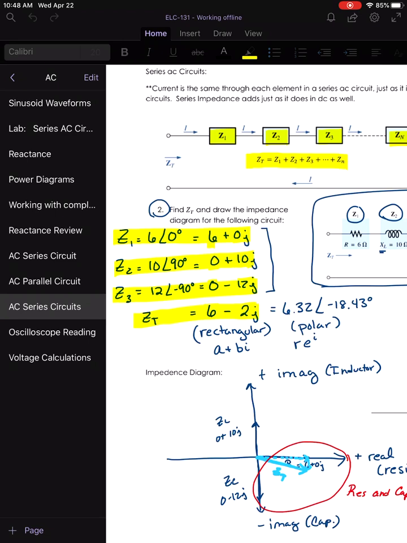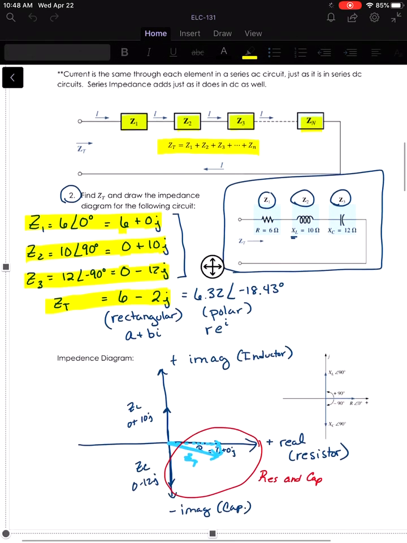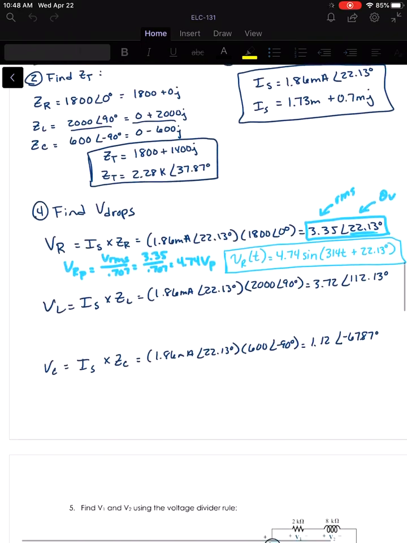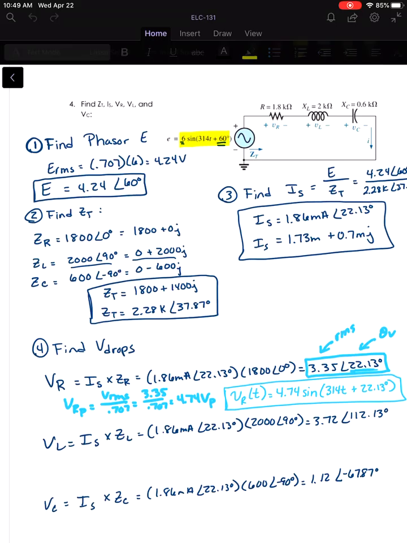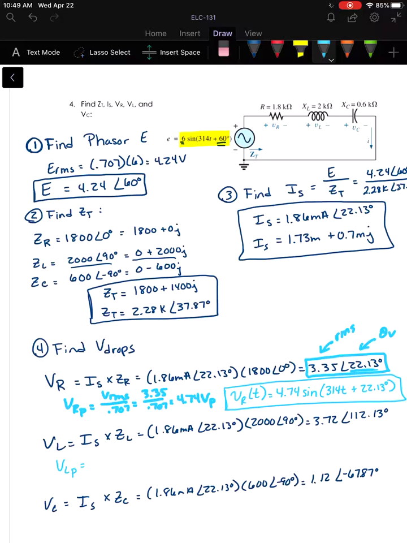Okay, so I can do the same thing for VL. VL peak. That would be the 3.72 volts divided by 0.707, which gives us about 5.26 volts peak.